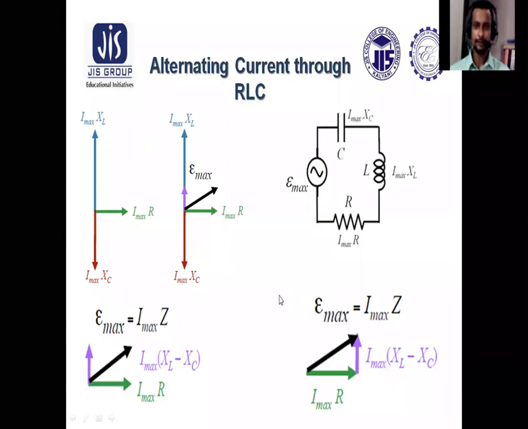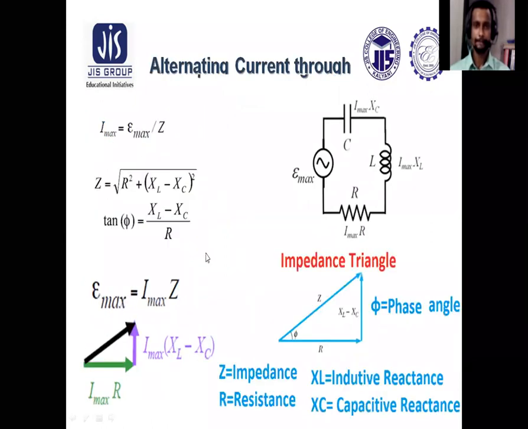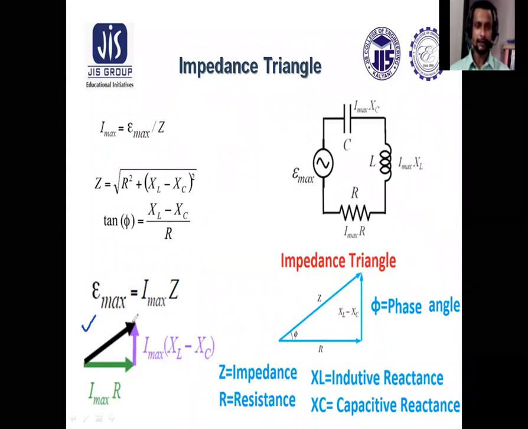So you have got up to this. Now see, this part we have already obtained. Now see, on each side there is Imax. So if we divide each side of this triangle by Imax, what will we get? The green will become R only, the pink will become XL minus XC, and the black will become Z. This is known as the impedance triangle.